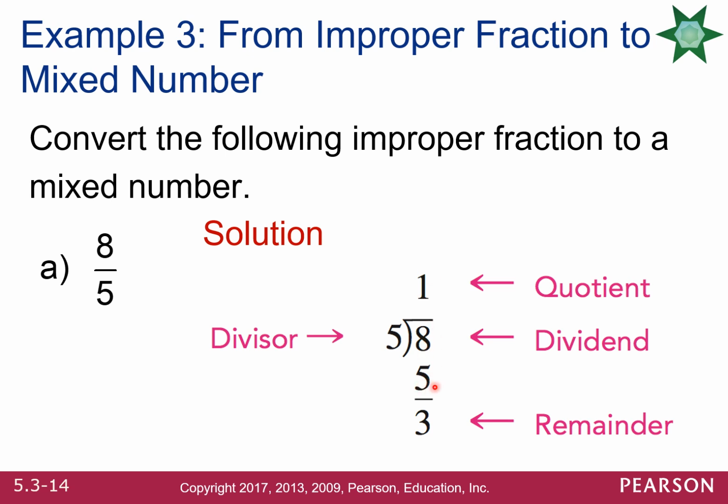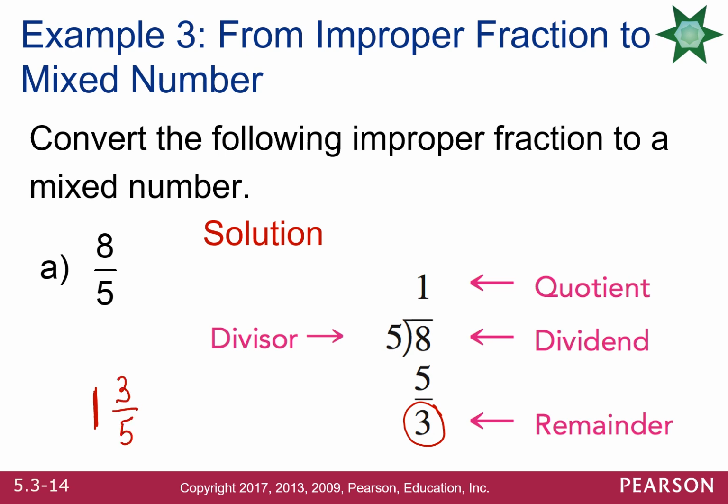We perform a subtraction: 8 minus 5 is 3, and once we get the remainder, we can stop the process of division and write it as a mixed number. So your quotient 1 will become the integer part of the mixed number, and the fractional part will be the remainder over the divisor. So it's 3/5.